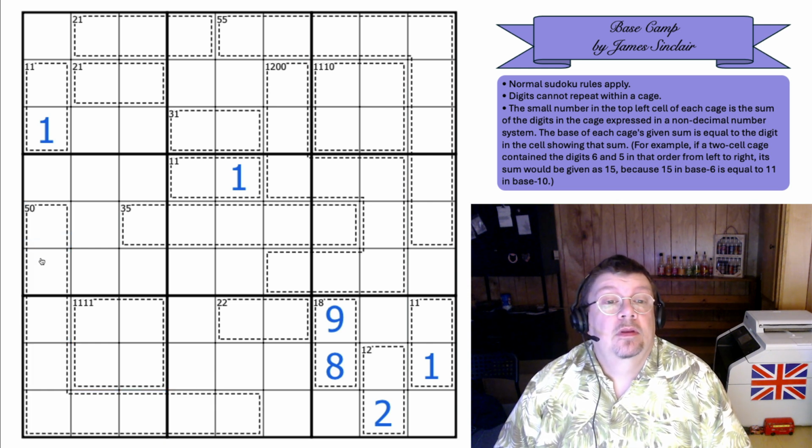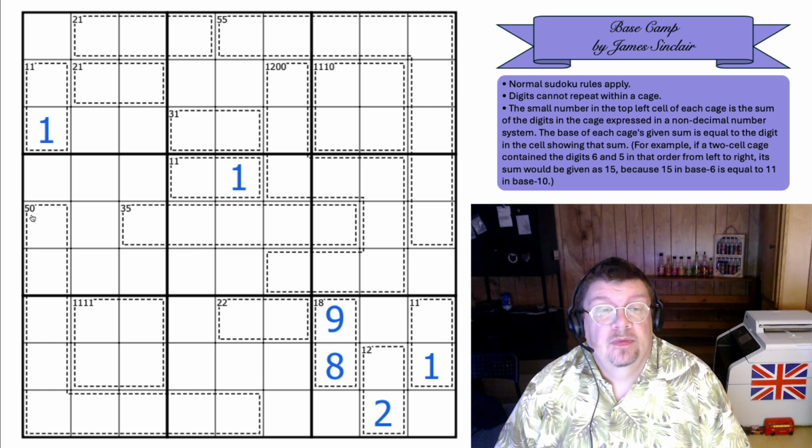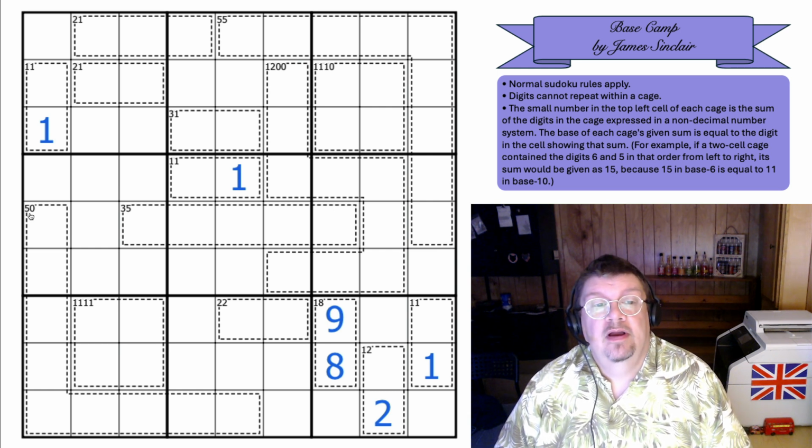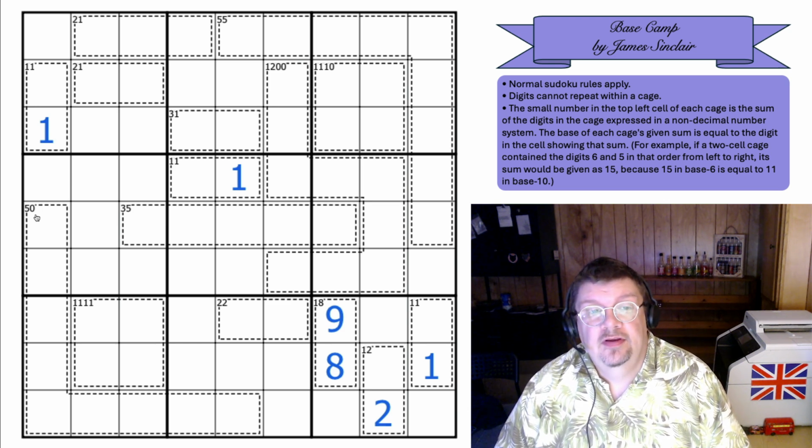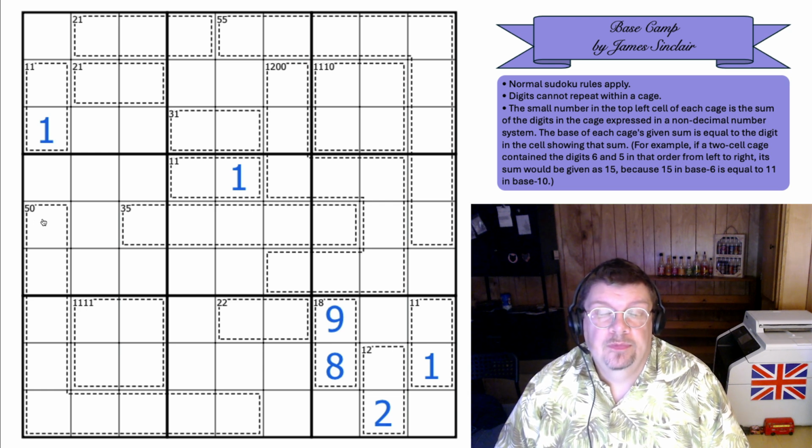Now, because this has a 5 in it, its base must be greater than 5. But what we need is something multiplied by 5, i.e. the base multiplied by 5, plus 0 is equal to 45.